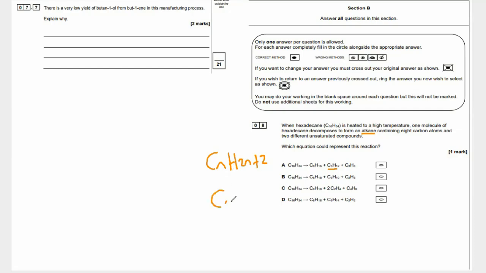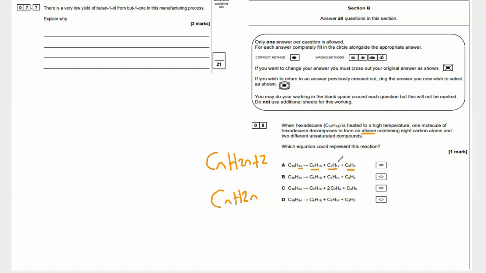So I definitely need something that fits that. And then we've got some unsaturated hydrocarbons. So I need 2 products that fit this general formula. So that is an alkane, that is an alkene, and that is an alkene. All good so far. However, you'll notice we have 34 carbons here and 16 carbons here. What have we got?